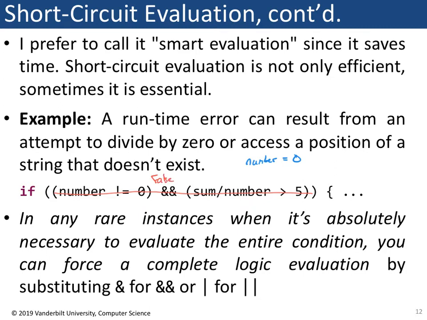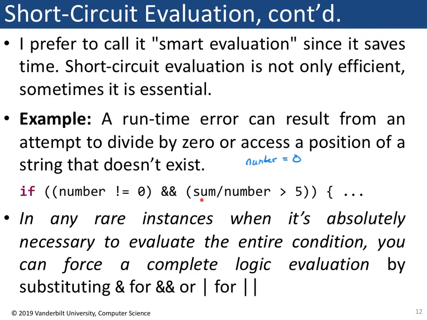And we did not execute the second operand. So this is some expression and we didn't execute it. Now, actually, in this situation, that's very important. Because notice what was in that other expression. We said sum divided by number is greater than 5.